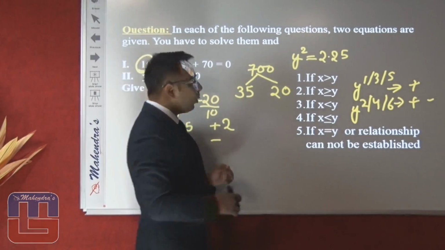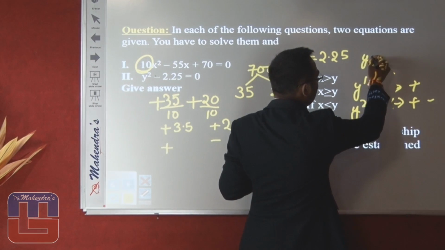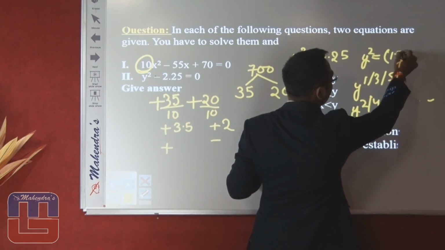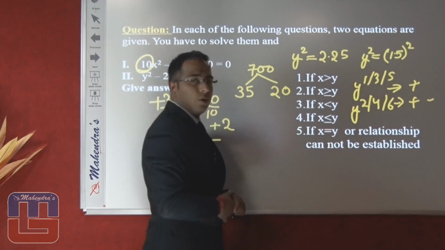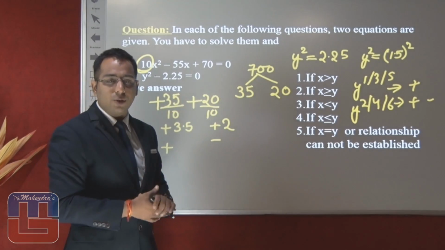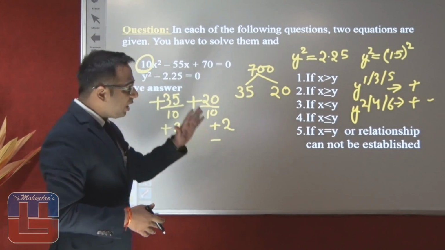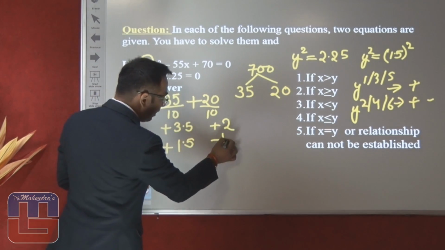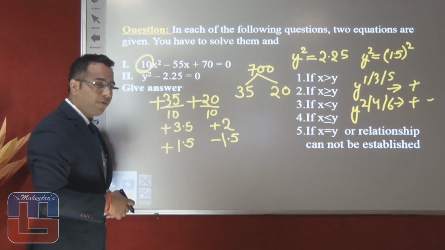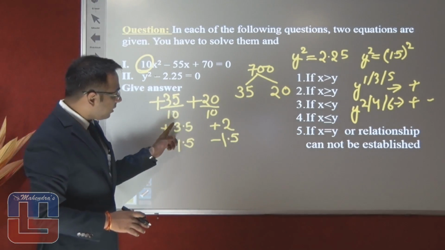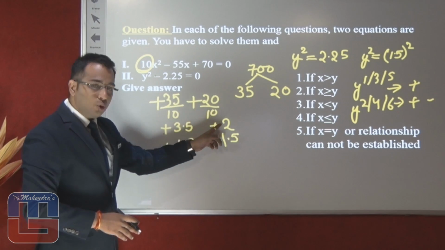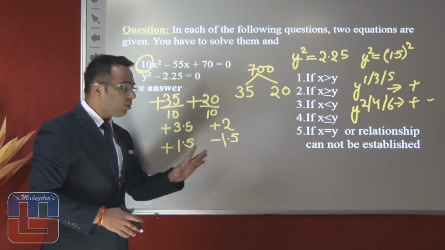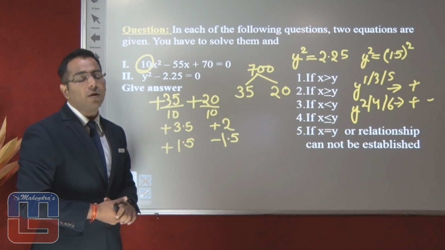Now y square is equal to 1.5 square. 2.25 is a square of 1.5. So we will have two roots, which will be 1.5 and minus 1.5. So plus 3.5 and plus 2 are the roots of x, plus 1.5 and minus 1.5 are the roots of y.